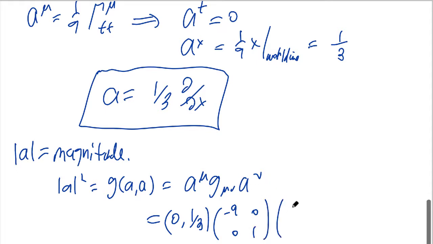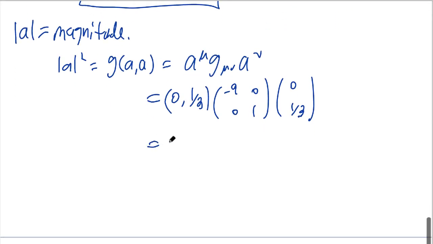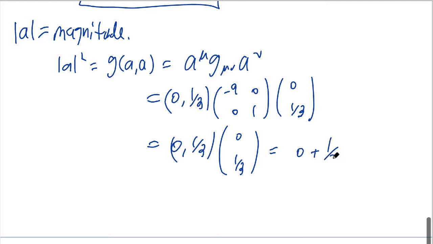And again, A nu is 0 and 1/3. Carrying out this calculation, we have minus 9 times 0 plus 0 times 1/3 is 0. And the second entry is 0 times 0 plus 1 times 1/3. This is 0 plus 1/9 is 1/9. So the magnitude of the acceleration is 1/3.